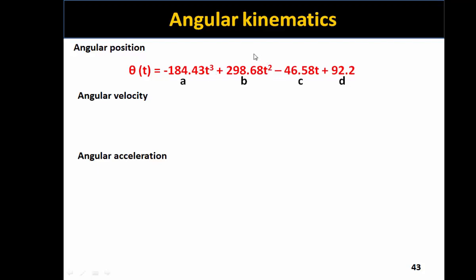We have the next term raised to a power of 2, raised to a power of 1, and of course there's no independent variable. It's just a constant that rounds out this angular position function.